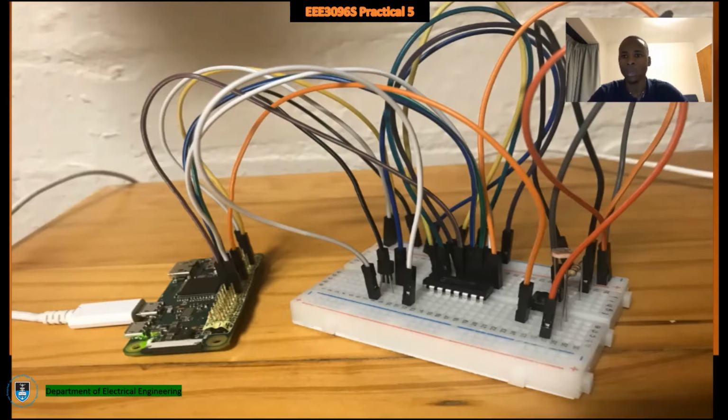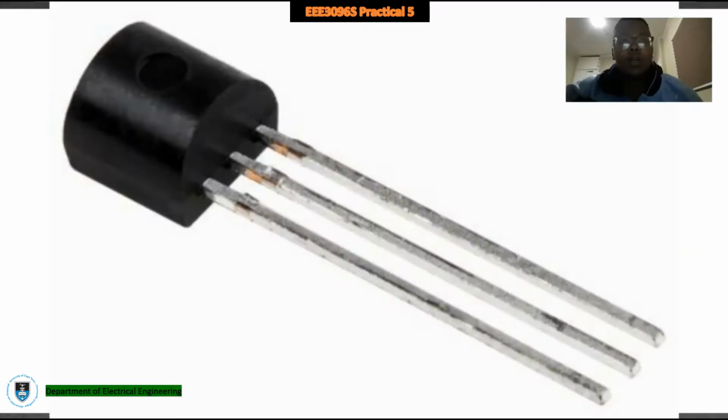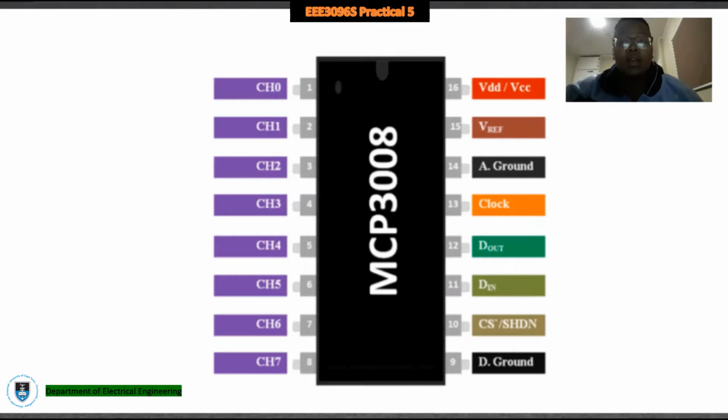So next we'll be looking at the design and how we went about the connection of our circuit design. In this practical, we are going to measure and sample temperature using the MCP9700 thermistor and the MCP3008 analog to digital converter.